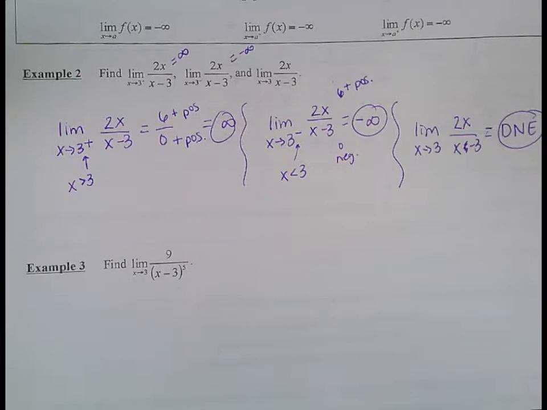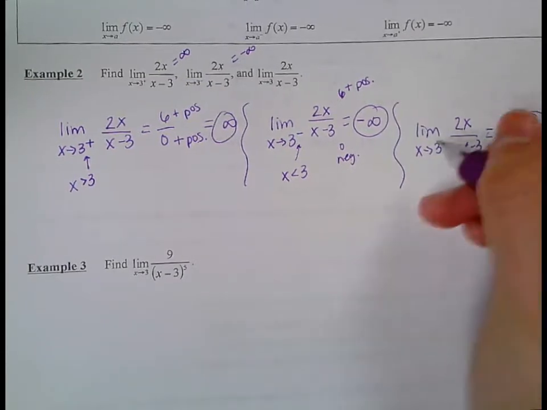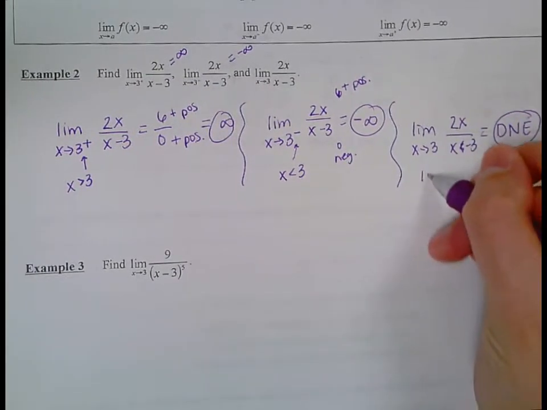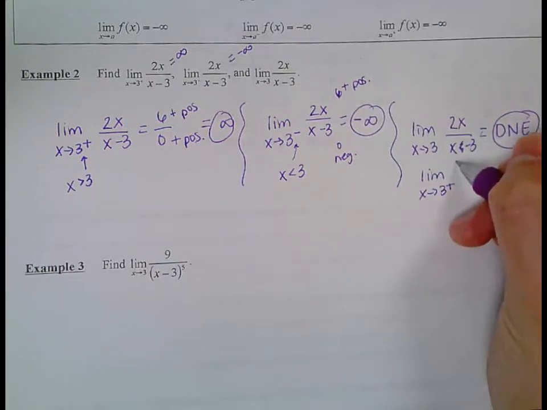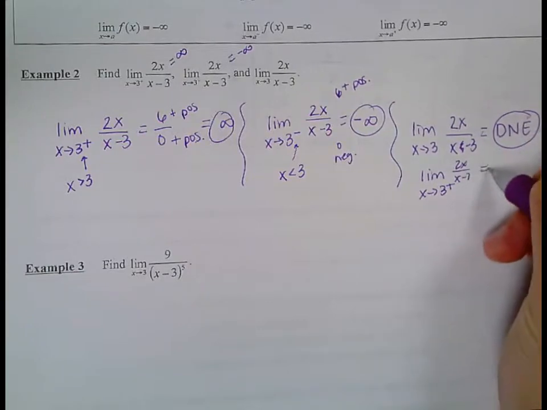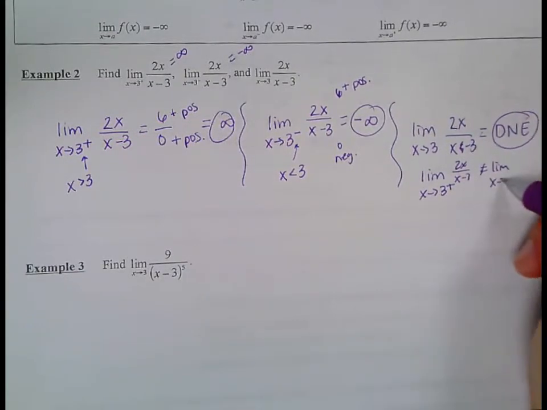Dalton? Yes. Yes. Yeah, so his question was if you were giving a reason for this, you could still say it doesn't exist because the limit from the right does not equal the limit from the left.